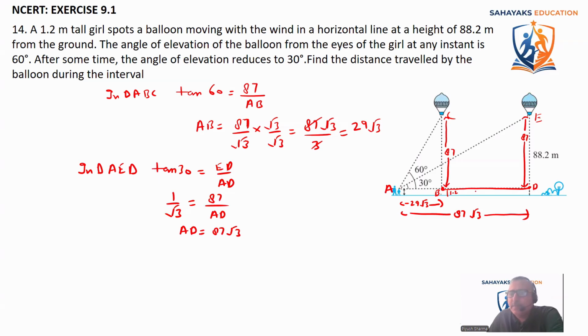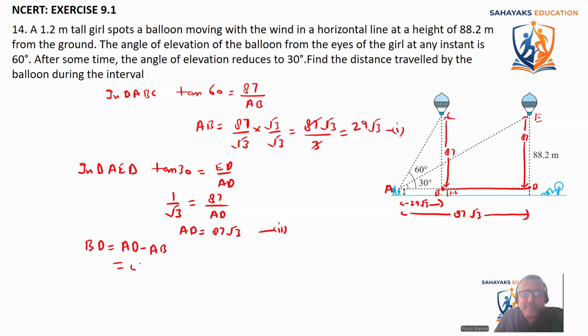Now we have to find BD. So BD is equal to, this is the first equation and this is the second equation, BD is equal to AD minus AB. So let's put the values.